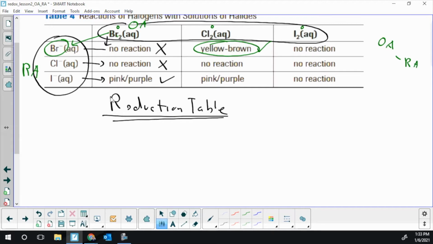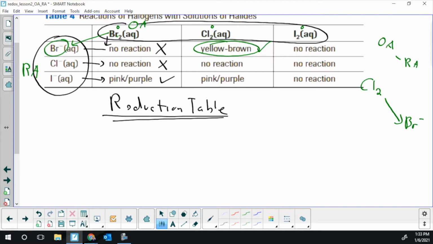So going back to the yellow-brown color, we know there's a reaction. We know the OA is above the RA. So we know the oxidizing agent, Cl2, in the first column must be above Br minus in the second column.